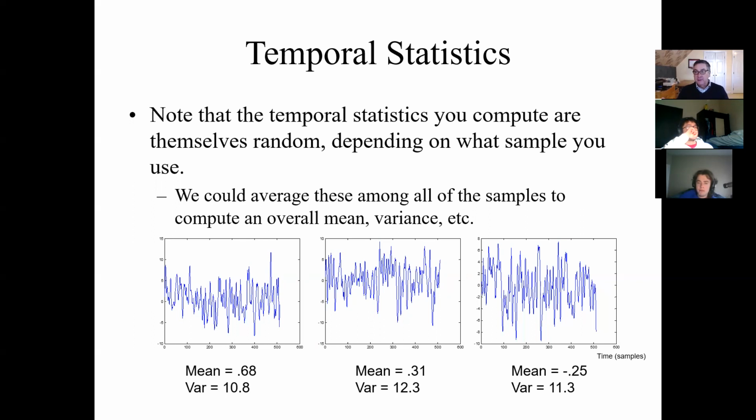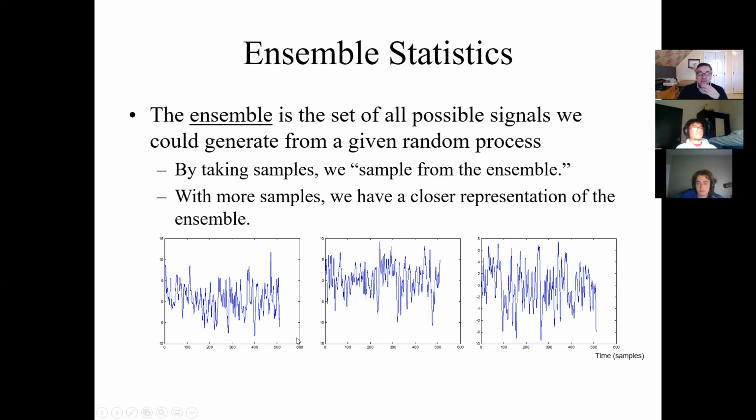It's the same thing here. By averaging things together, we reduce the effect of the randomness. What we get depends on which measurement we use, and how the randomness happened to occur in that particular measurement.